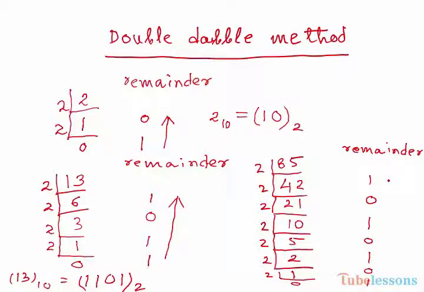Now arrange the remainders from bottom to top, that is 1, 0, 1, 0, 1, 0, 1.